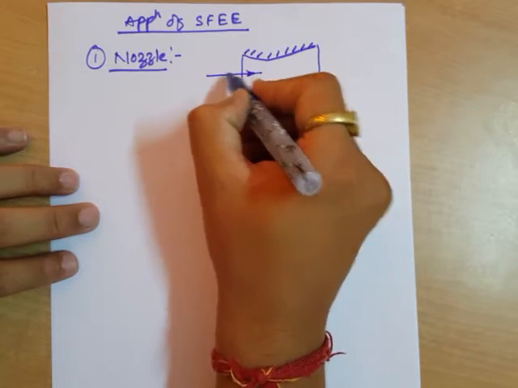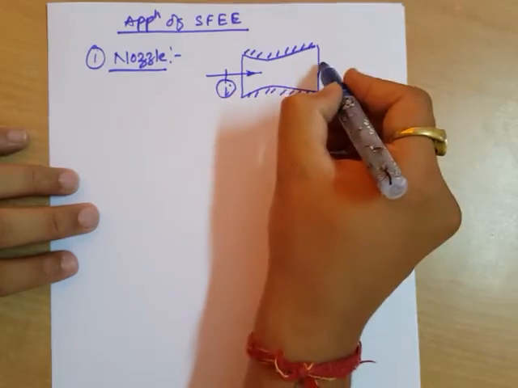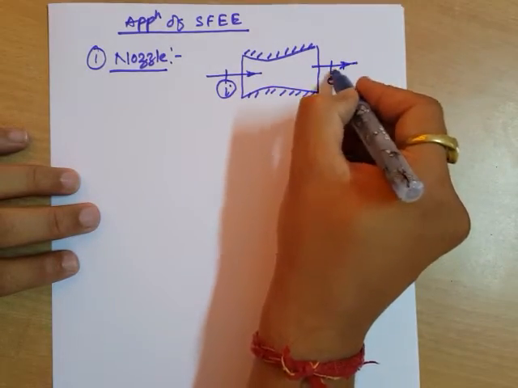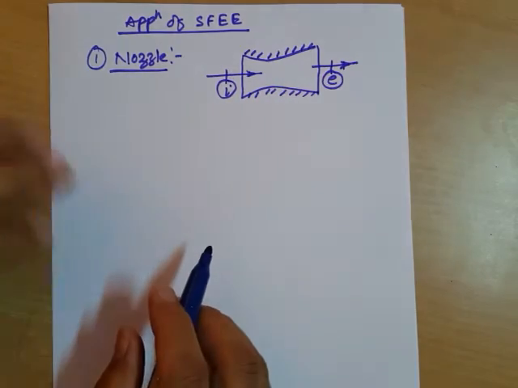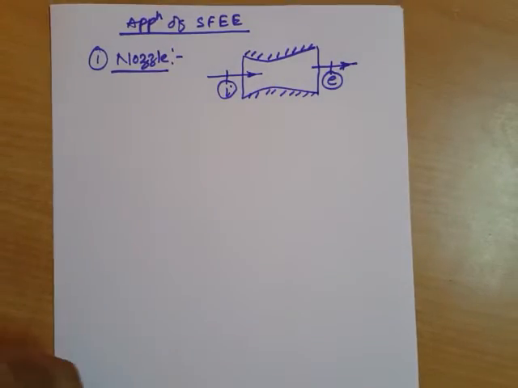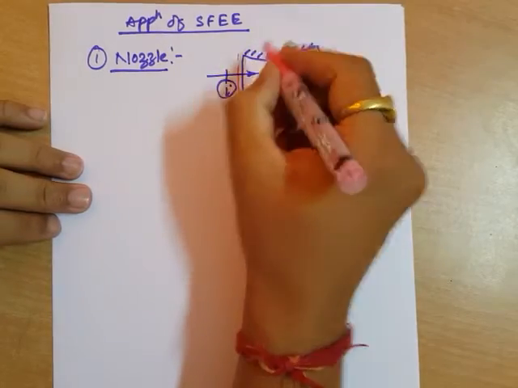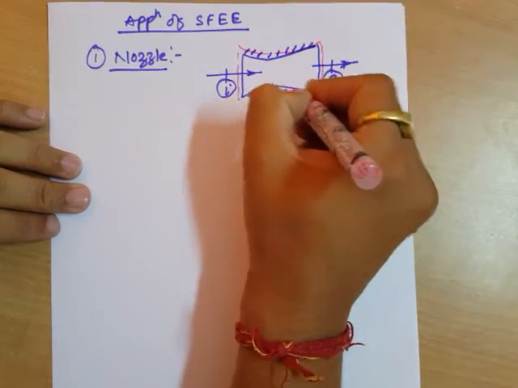Now fluid is entering from this end and it is leaving from this end. Now to apply your SFEE, you first have to consider a control volume. Let us say that this is my control volume.